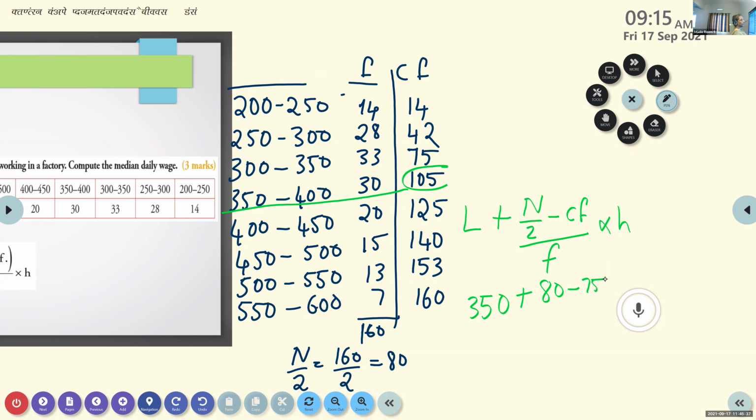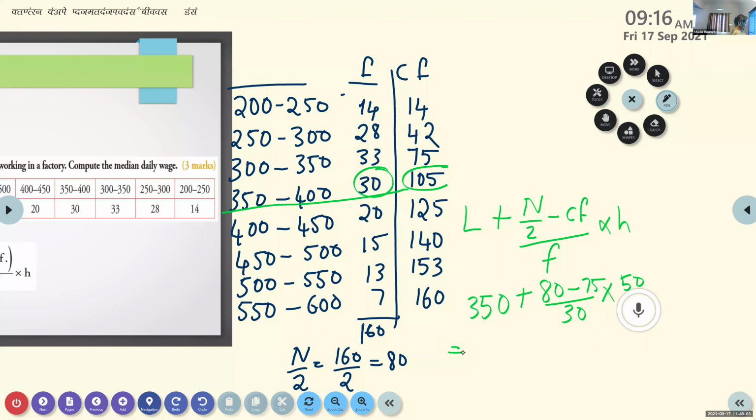F is the frequency of the median class. Okay. So 30. Into what is H? Vinay, what is H? 50. Correct. Okay. Now solve it.